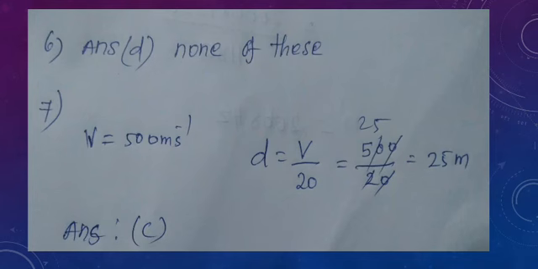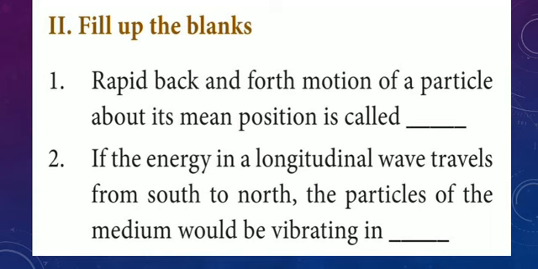Okay, do you understand? Okay, the next fill in the blanks. See the first one. Rapid back and forth motion of a particle about its mean position is called as what?